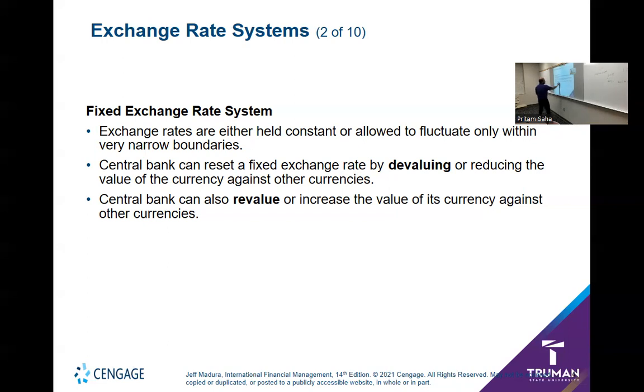The government can revalue or devalue exchange rate in a timely manner. Maybe monthly, maybe quarterly, maybe semi-annually, something like that. Devalue means the home currency is weakening the exchange rate. Revalue means the home currency is appreciating.